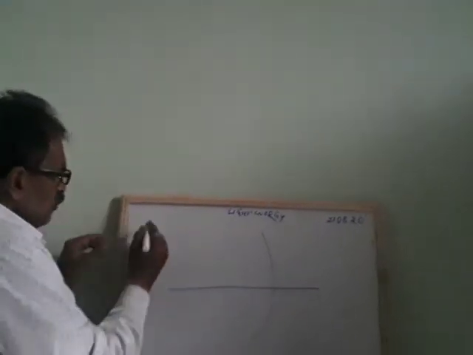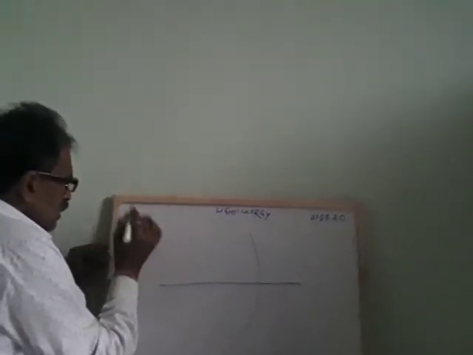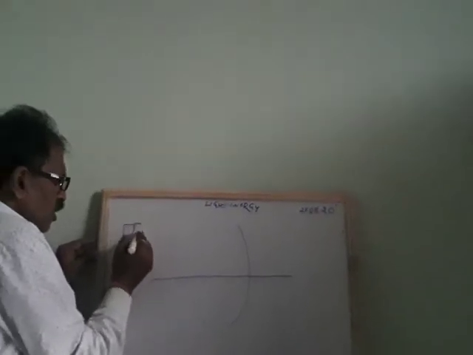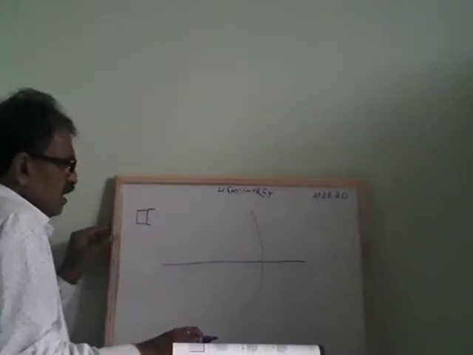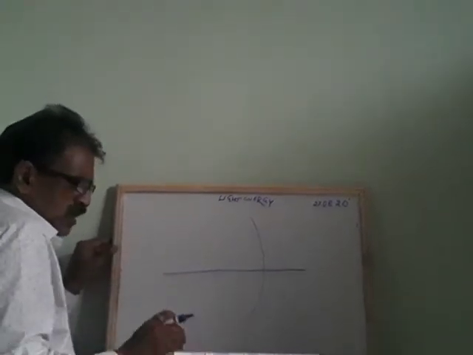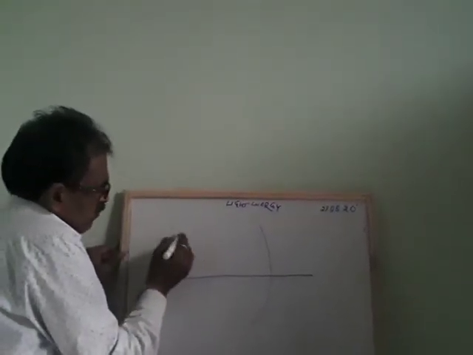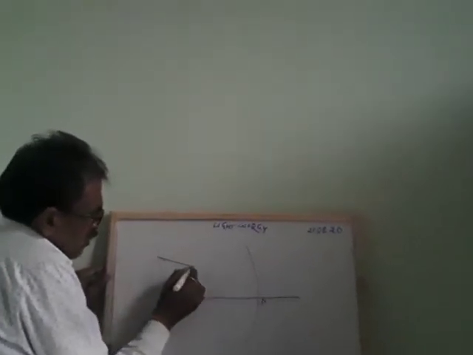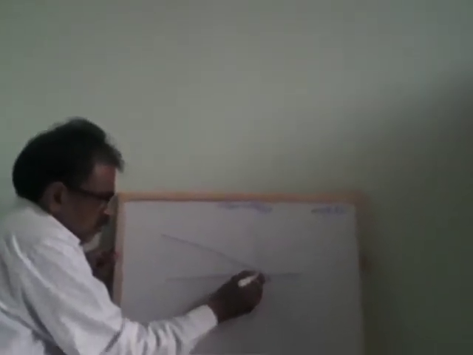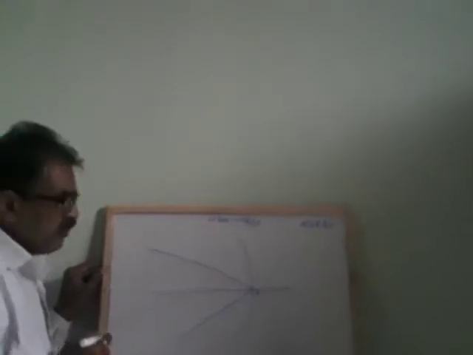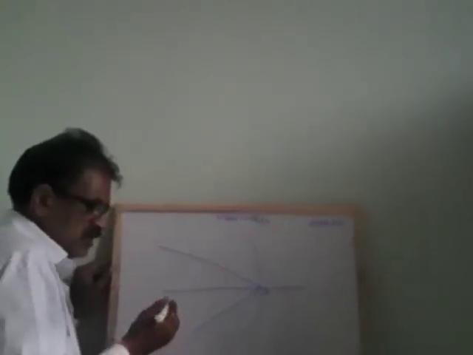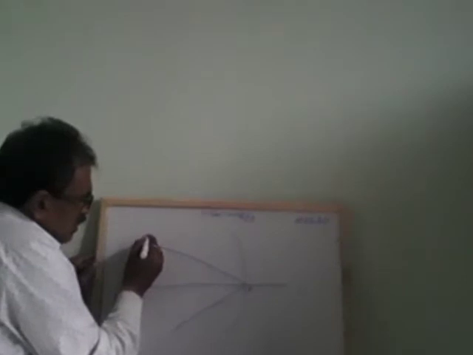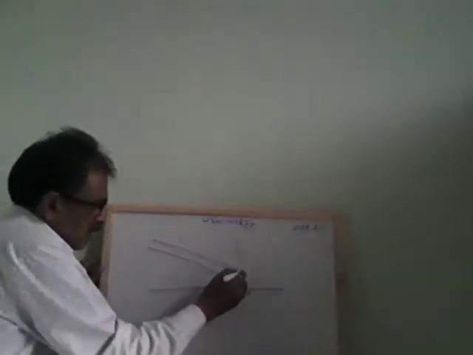This is an object, so its image will be from top to bottom. That's why we take two light rays from here. One light ray is like this, and one more ray touches the mirror and comes back here.